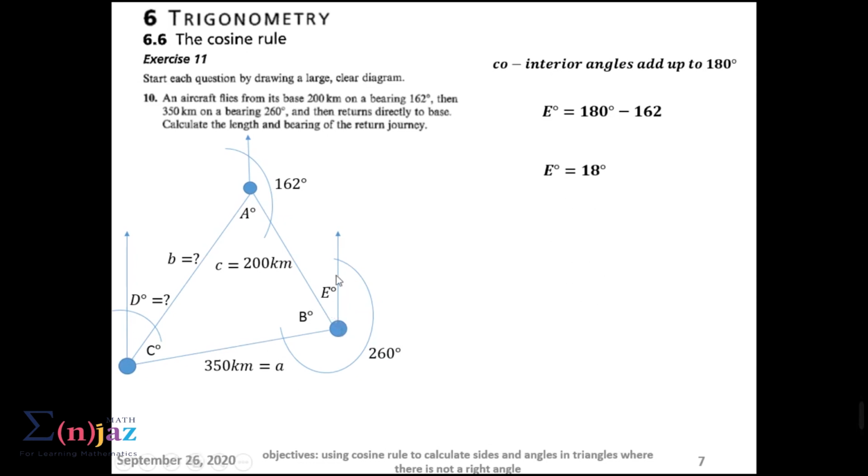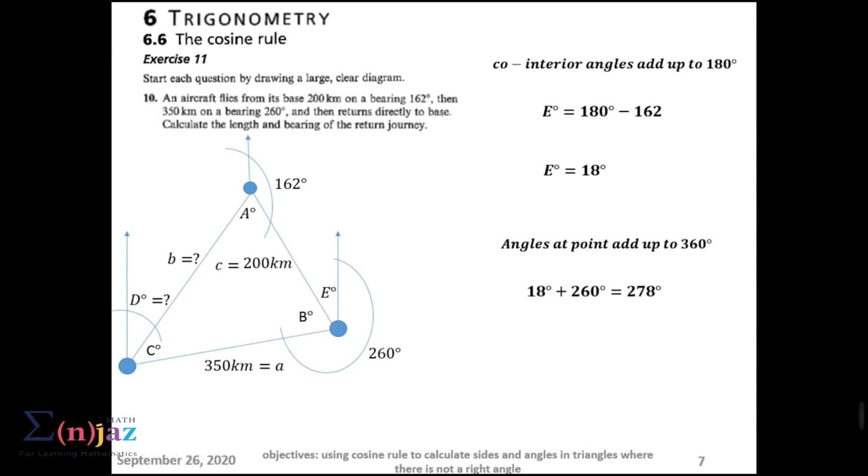And if we go back here, E and the 260 and B, they are angles at a point. Angles at a point add up to 360, which means if we add E and 260 and we subtract the total from 360, we find angle B. So 18 plus 260 is 278.